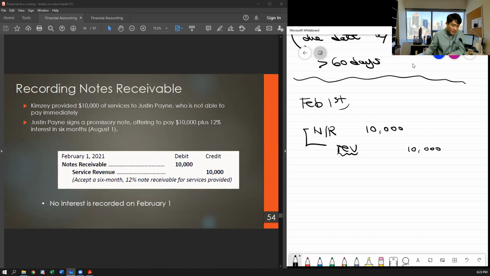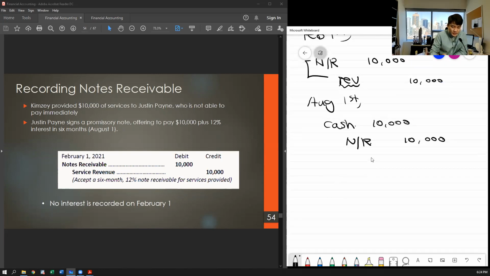And that's easy stuff, right? Since the company is being paid back after 6 months, which will be August 1st, the company will receive cash, starting with $10,000, the original amount, and you will reduce your other asset, which is $10,000. Plus, there will be some interest components.